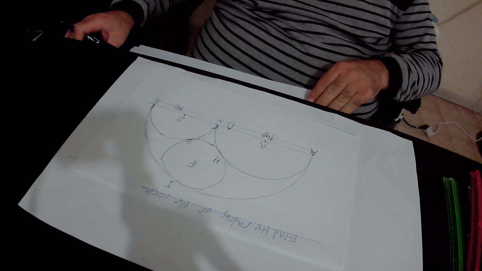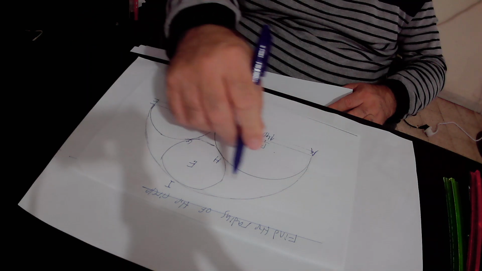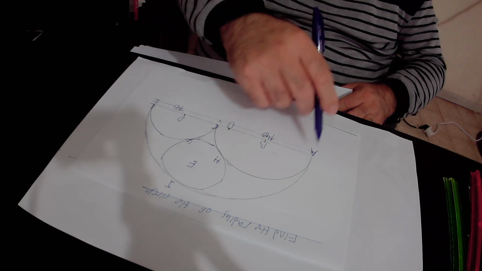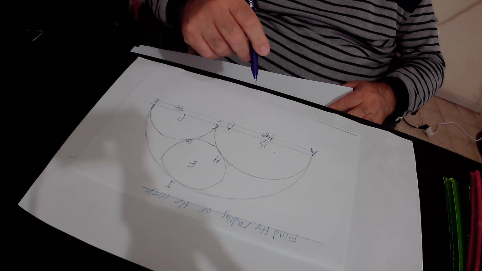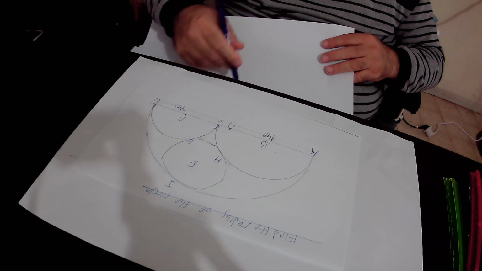We define the radius of the biggest semicircle as capital R and the radius of this small circle as small r. So write it down.